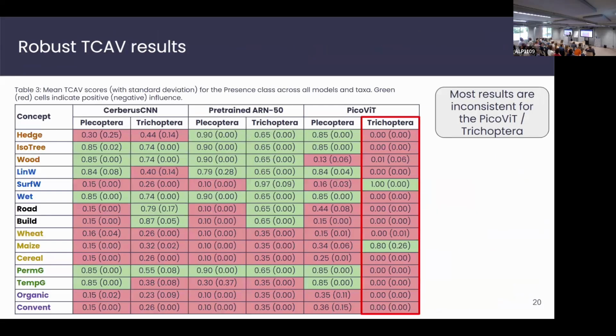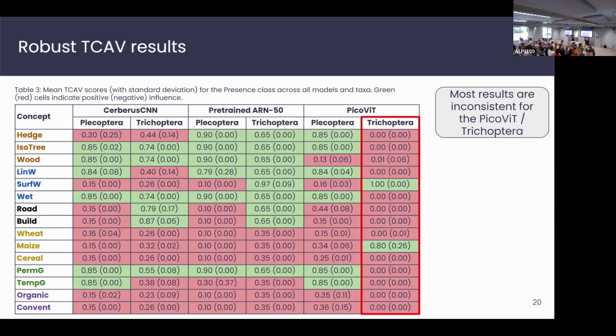So a few results, so a quite terrifying table, but what you need to check is that, as I told you quite quickly, to be honest, the vision transformer had terrible results for the Trichoptera, and I chose to show this to you because I thought it was important.